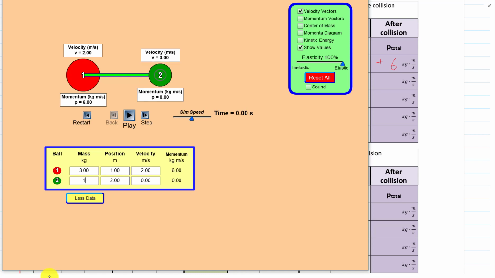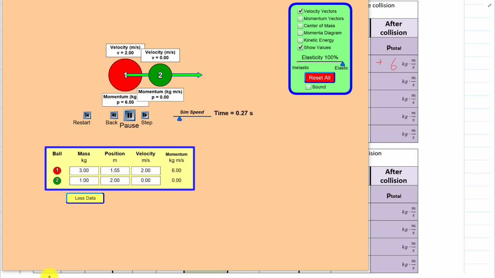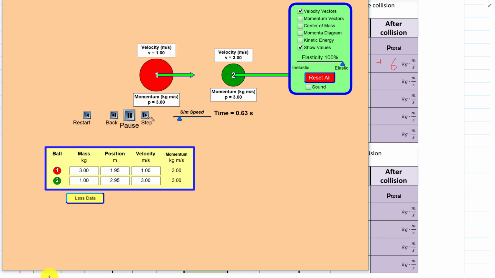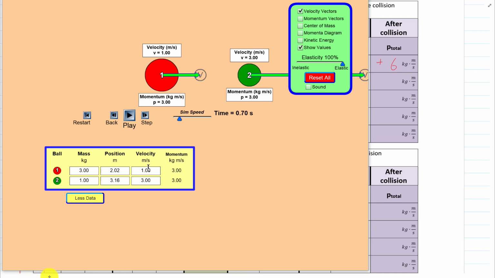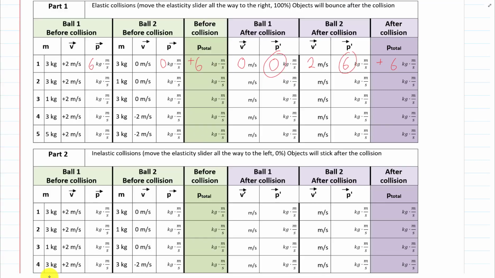Bam. So it went to 1 and 3. So this is 6. This is 0. So the total is still 6. And afterwards, the velocity was 1 and 3.